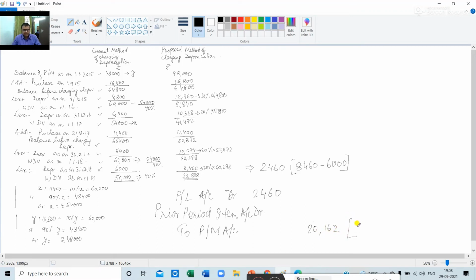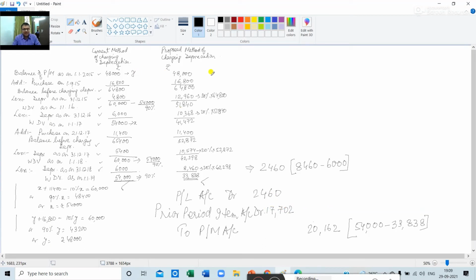This is the difference of 54,000, that is the written down value as per the current method, minus 33,838, that is the written down value as per the proposed method. So 54,000 minus 33,838, you will get 20,162. So for the prior period item account debit, this will be the difference of these two, that is 17,702.